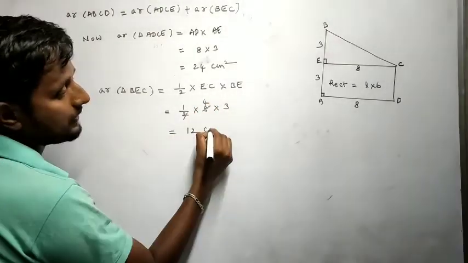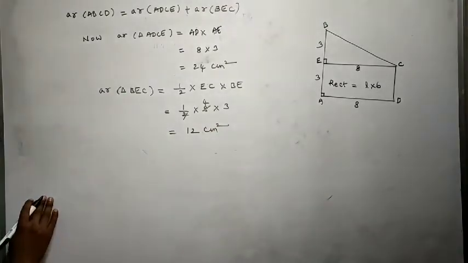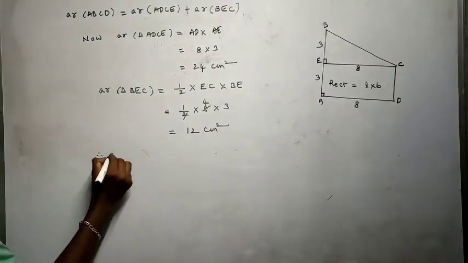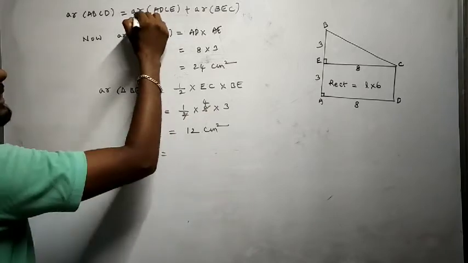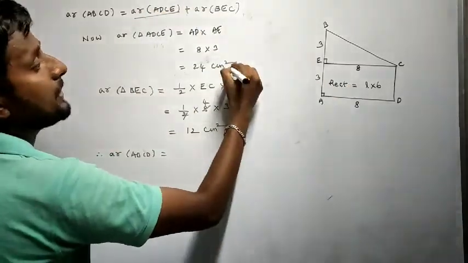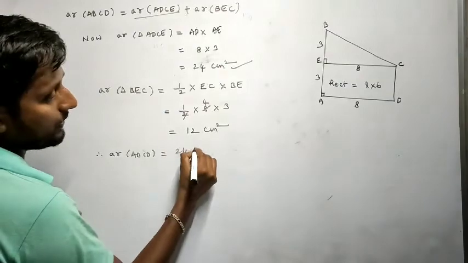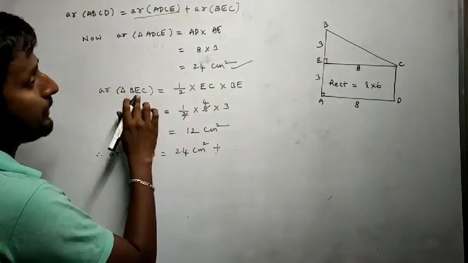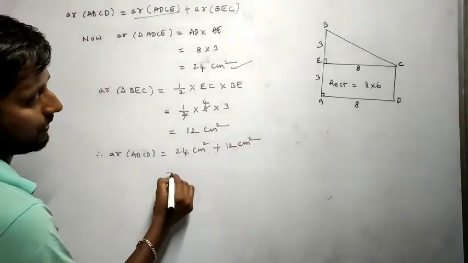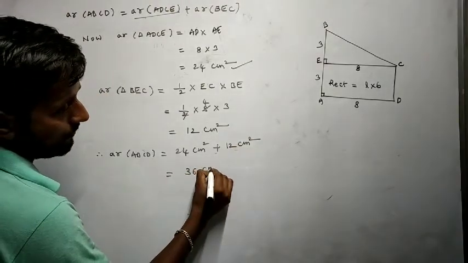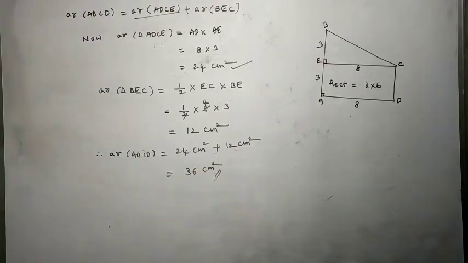Answer 12 centimeter square. So therefore area of ABCD is equal to ADCE area. ADCE area we know is 24 centimeter square, and BEC is equal to 12 centimeter square. So 36 centimeter square. Am I right? Right. It's very clear.